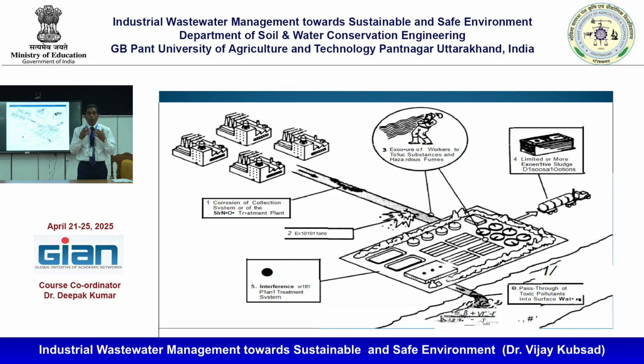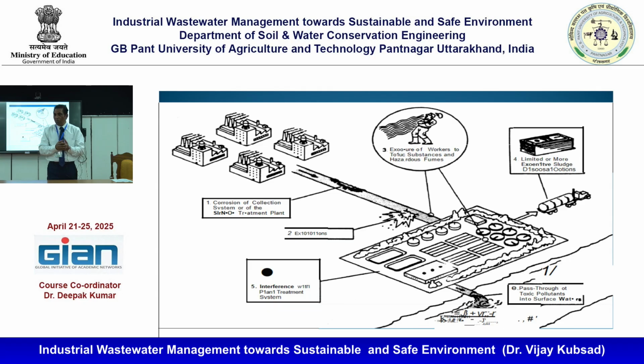Without protective equipment, you cannot go into the treatment plant. Hydrogen sulfide, even in a small quantity, if you are exposed continuously, people may die without even knowing what has happened. If they go into a manhole which has methane generation in a confined space, there is a possibility of death.